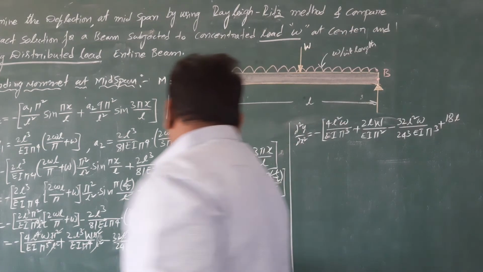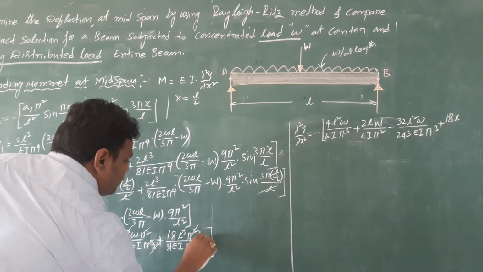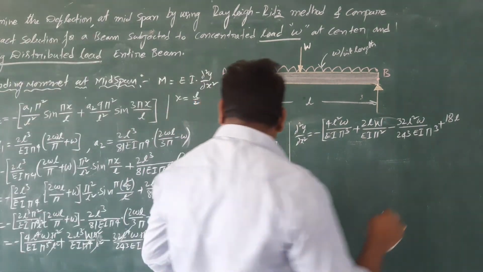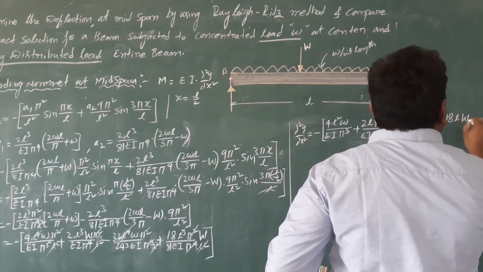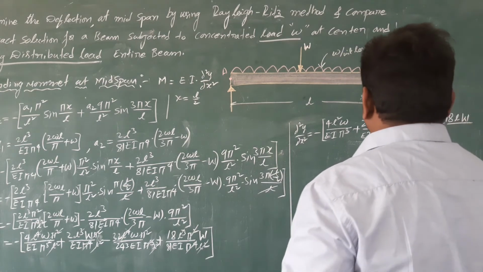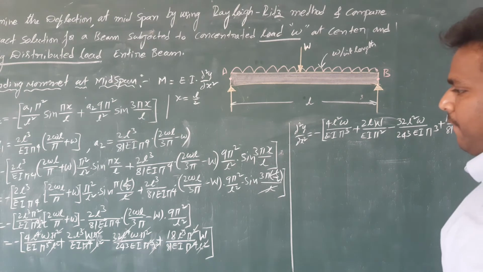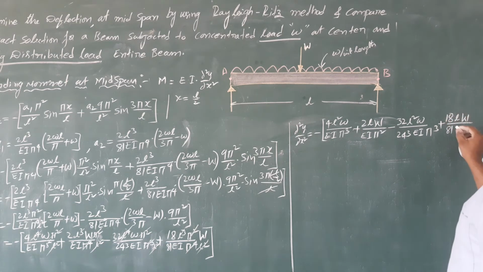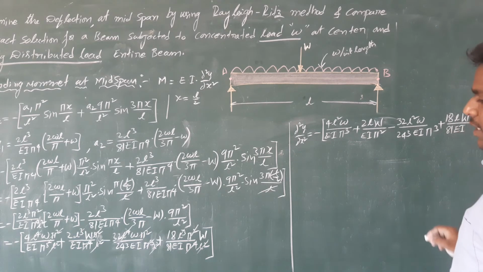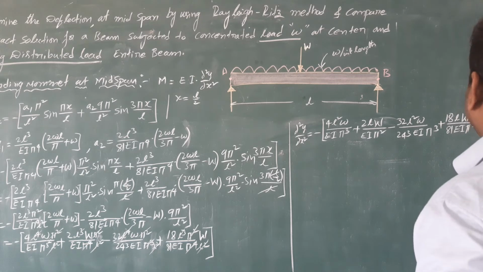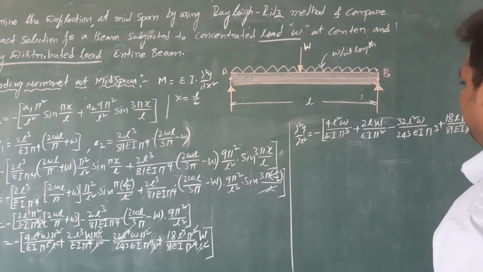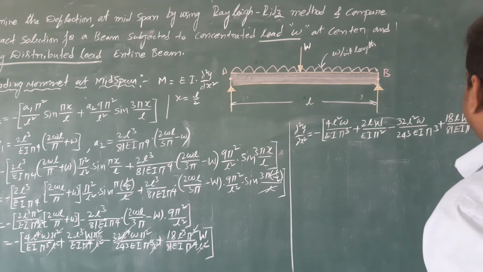Here some capital W is there, capital W by 81 EI into pi square, only pi square. Okay. So finally we got like this.